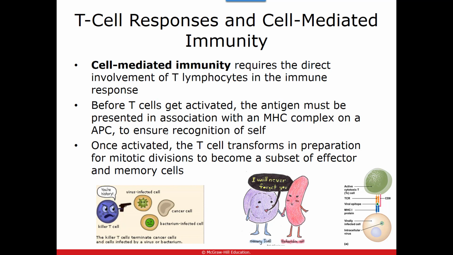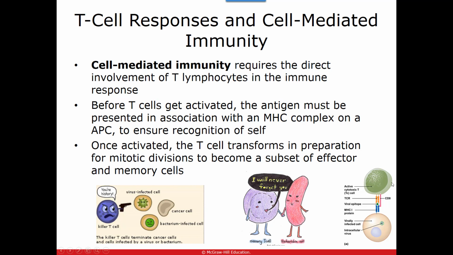So before this T cell becomes activated, the foreign object has to be presented on an MHC1, they call it a complex, protein, whatever, to be able to recognize it. Because this T cell cannot become activated and recognize a virus that's inside of a cell. It can only recognize some structure that's attached to an MHC1 or 2.